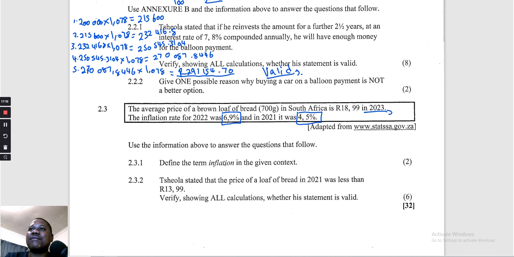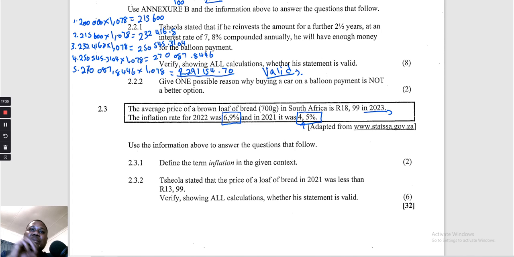They say define the term inflation rate in the given context. Okay, so in the given context, look at the price and the inflation. What happened to this inflation? For it to move from here to here, what has happened? Remember, inflation moves in two ways. It goes up and down.